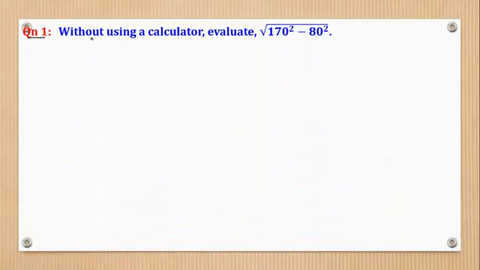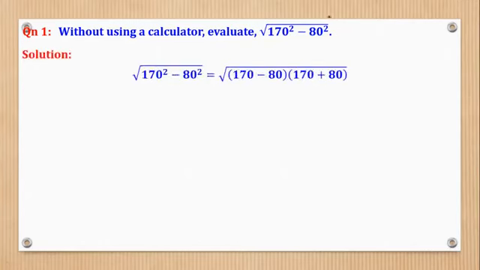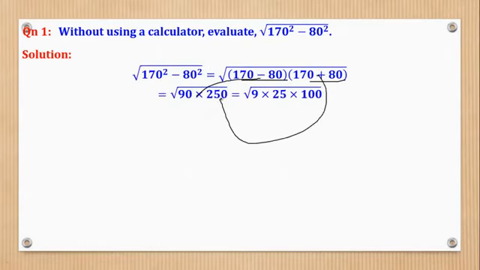So question 1 says, without using a calculator, evaluate this. The first thing to realize is that there is a difference of two squares. The difference of two squares gives a product of the difference and the sum. So this minus this is this, this minus that is that. Then you realize that here we have 9 times 10, and this is 25 times 10. So you can have 9 times 25 times 100.